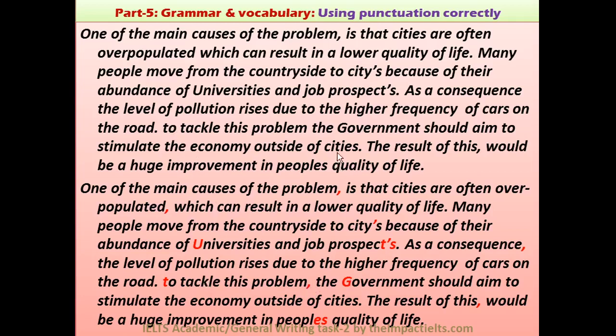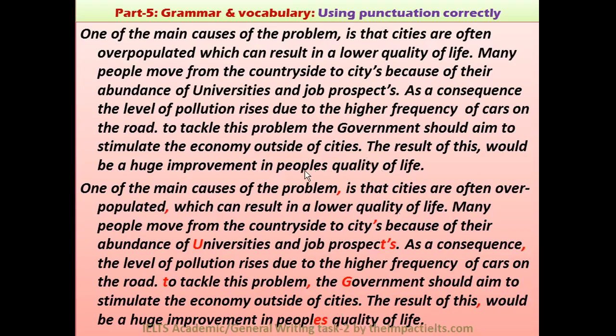The government, capital G is not required. This is not a specific name. Government should, so you see that even important words like government, university, president, prime minister, these are not specific names. You don't need to use a capital letter. The government should aim to stimulate the economy outside the cities, right? The result of this would be a huge improvement in people's quality of life.